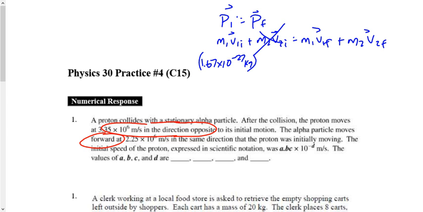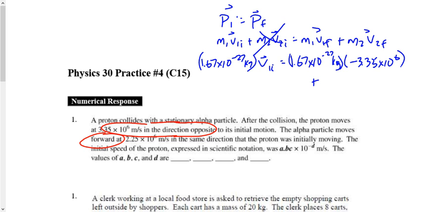Times the initial velocity of the proton, which is what we're looking for here, v1i, equals the mass of the proton again, 1.67 times 10 to the minus 27 kilograms, times v1f. It says the proton moves at 3.35 opposite to its initial motion. So I'm going to make that negative 3.35 times 10 to the 6.